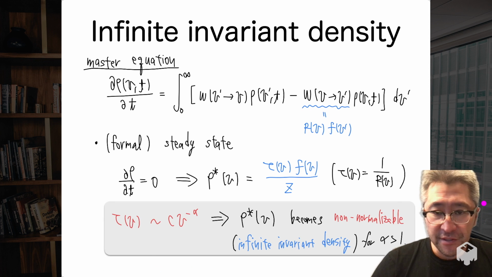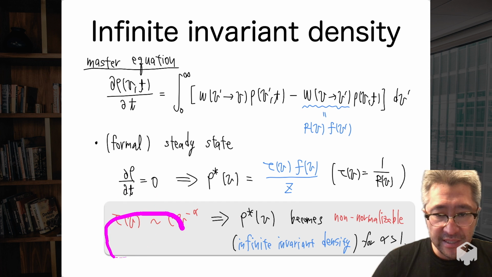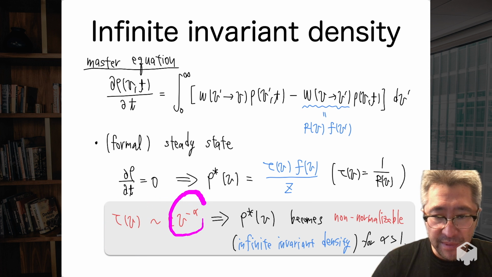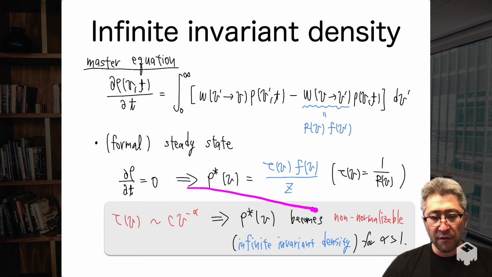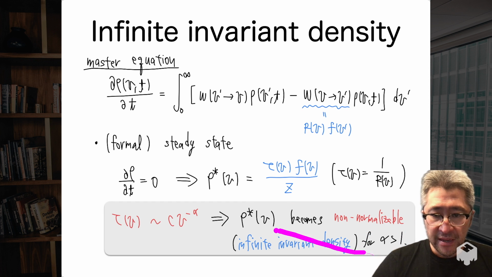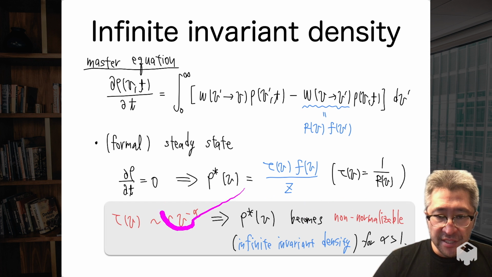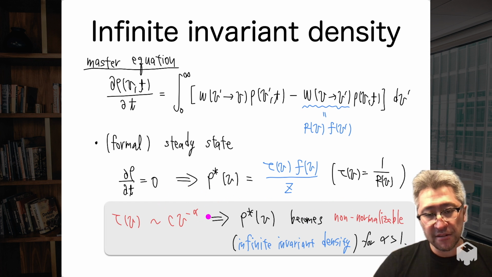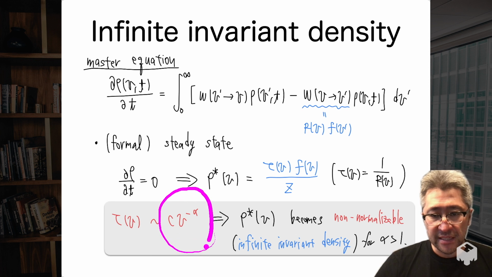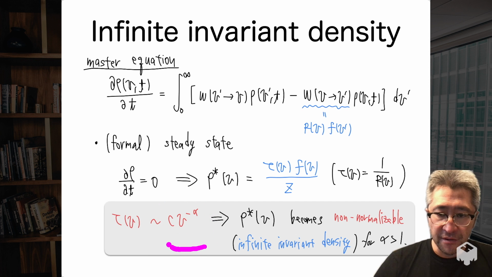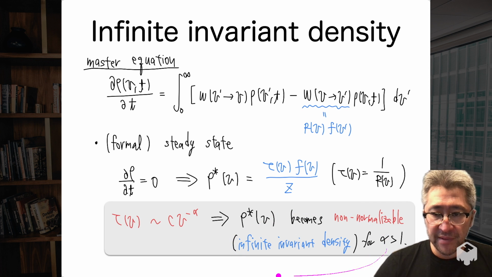In fact, we assume this tau(v) is c times v to the minus alpha. So for alpha greater than 1, this rho star becomes non-normalized, because the integration between 0 and 1 diverges. So this is called the infinite invariant density.